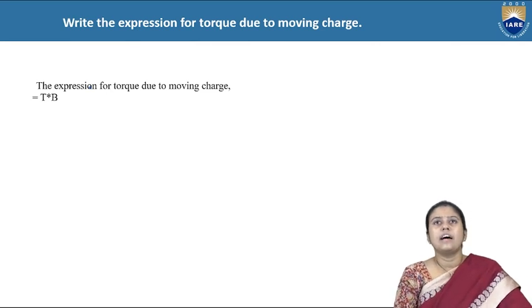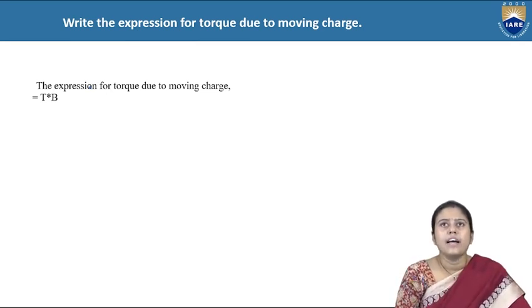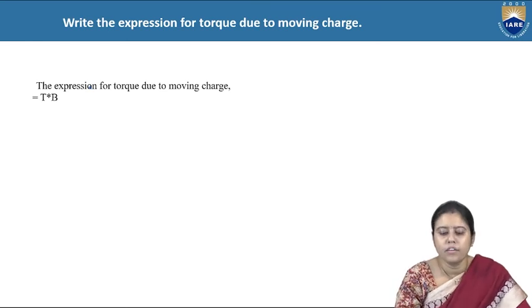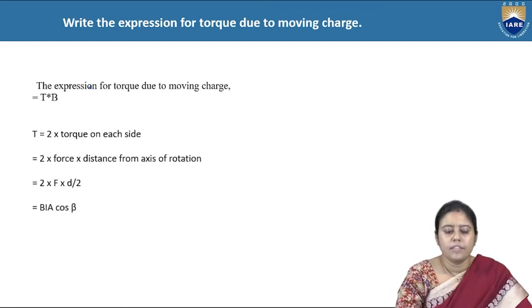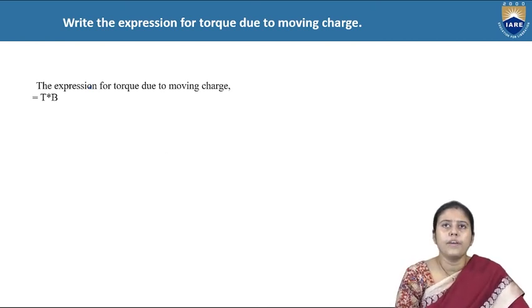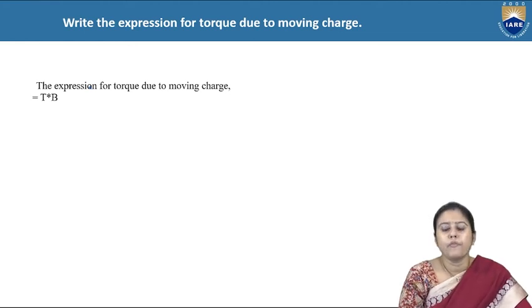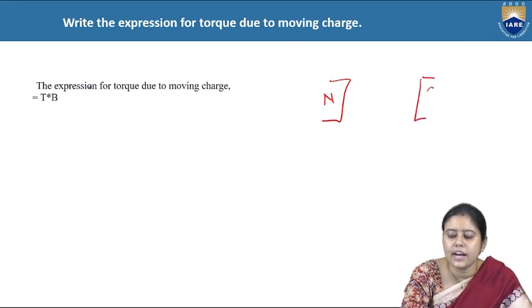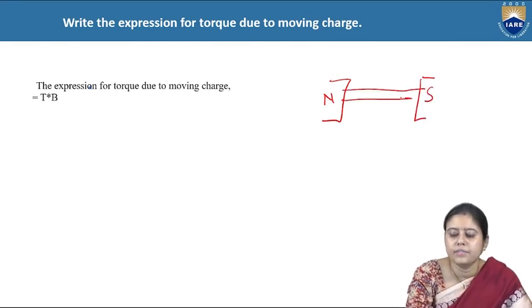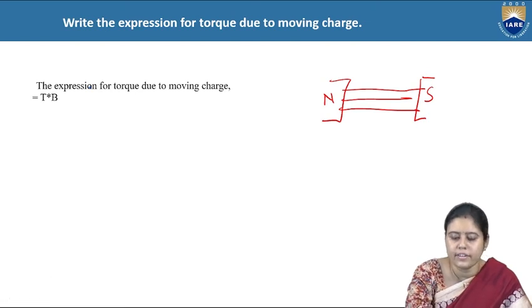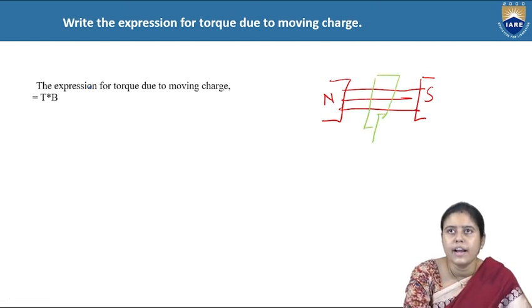And this is the last question. Write the expression for the torque due to a moving charge. If this is a north pole and this is a south pole, and we keep one current carrying conductor, moving charge means current.